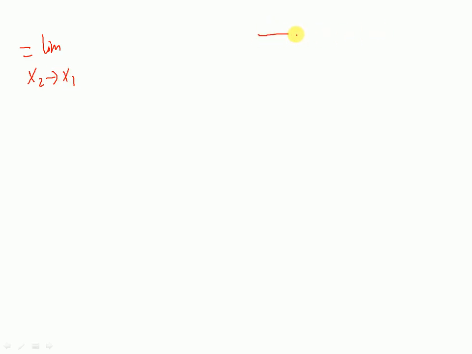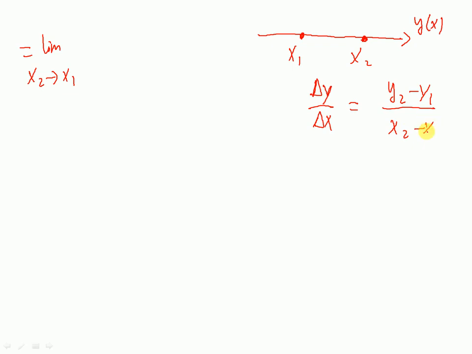So remember here, if I call this the function y of x, for example, this is x1, this is x2. So delta y over delta x equals y2 minus y1 over x2 minus x1.